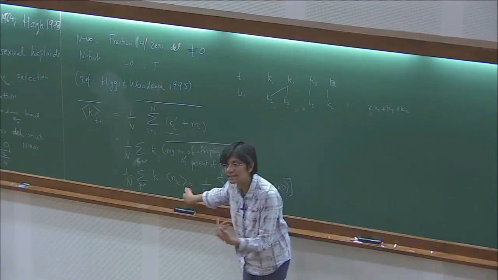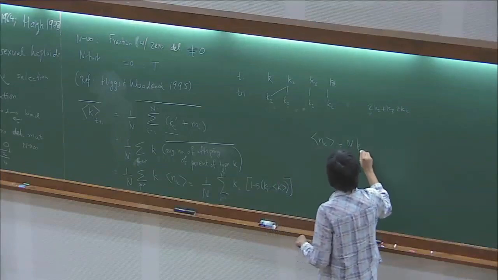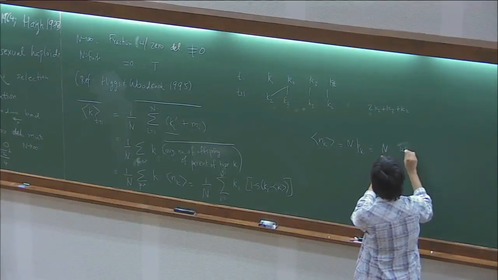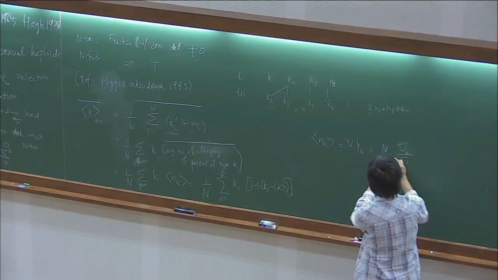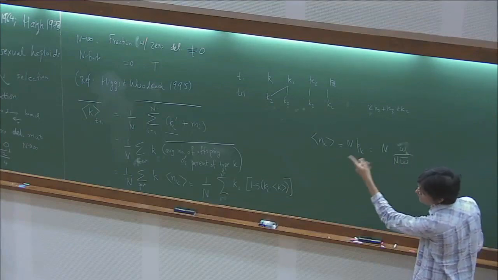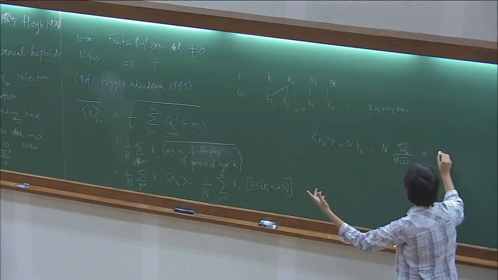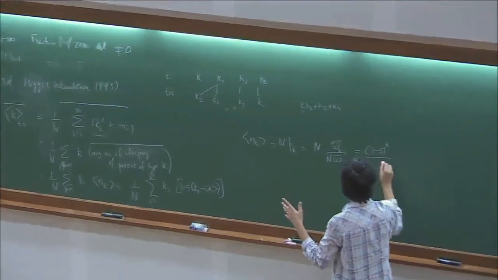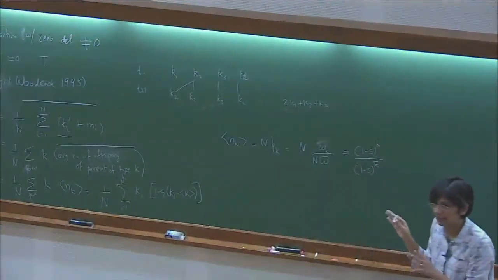Which is equal to the fitness divided by the average fitness. And this fitness for that case is (1 minus s) to the power k, and this is this. Okay? You just take it right now. And if I plug it in, over there.